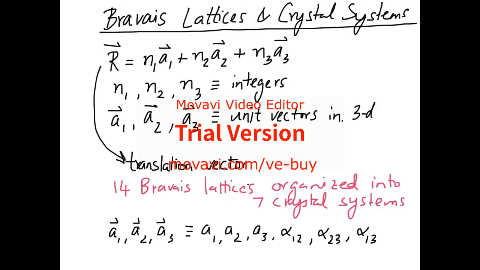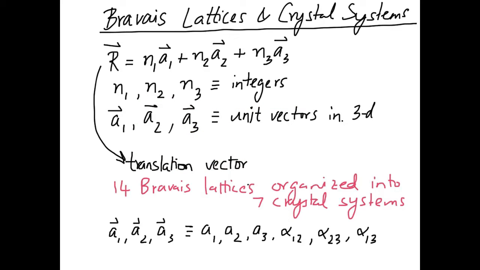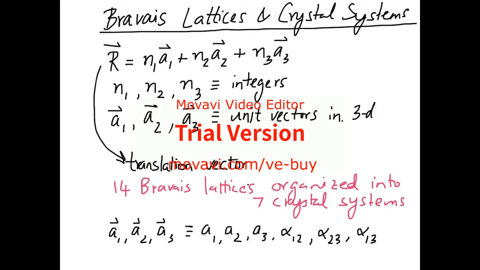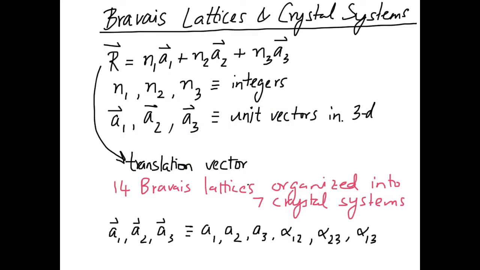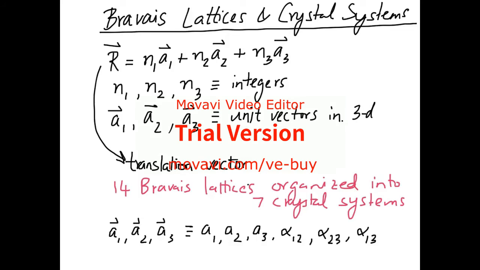The first 3 are the magnitudes of the 3 vectors A1, A2, A3, which we just represent as A1, A2, A3 without the vectors on top. And the 3 angles, alpha 1,2, alpha 2,3 and alpha 1,3, which are essentially the angles between any 2 unit vectors. So the bottom line is that the 3 vectors can be traded for 6 numbers: the 3 magnitudes and the 3 angles.